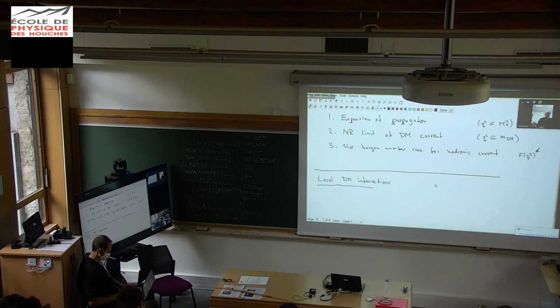What we will assume is the following. We will always assume that dark matter is neutral under the standard model gauge interaction. So it has no electric charge, and it has no weak charge, which is not so important, but it has no QCD charge, no color.